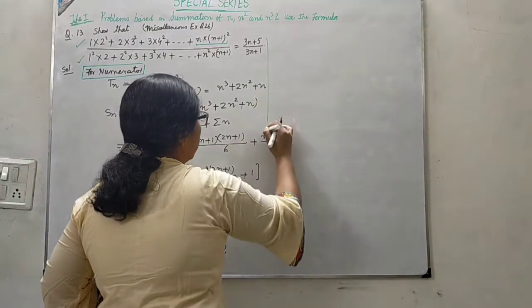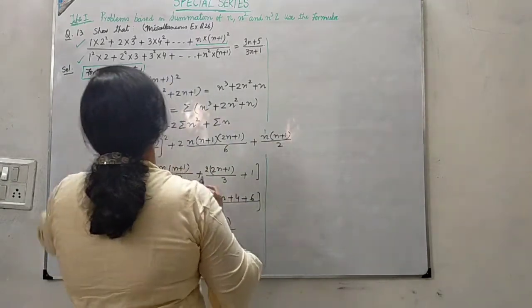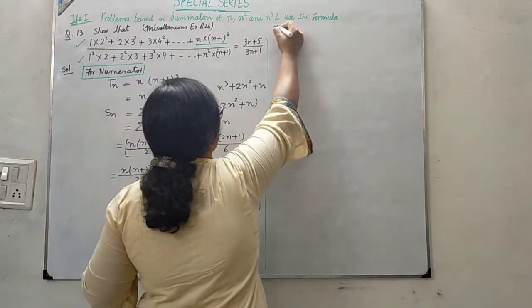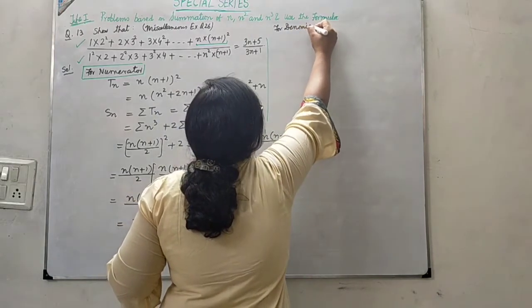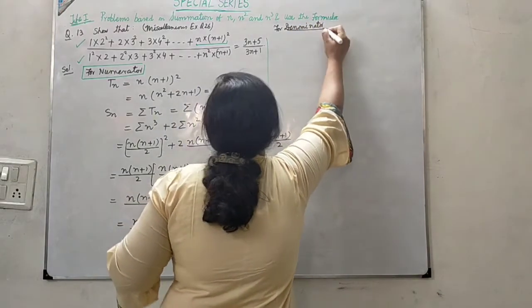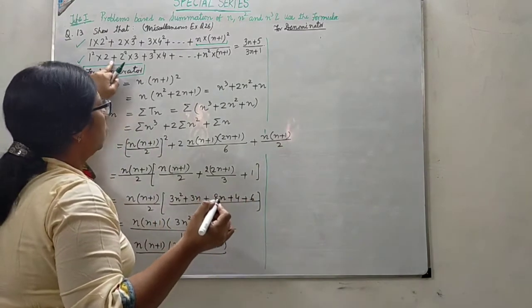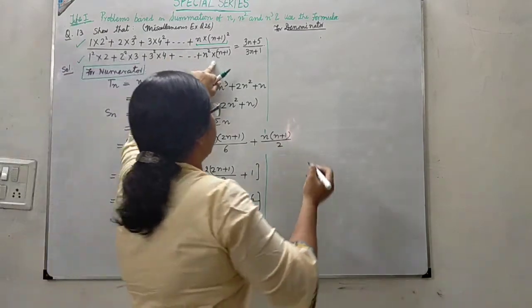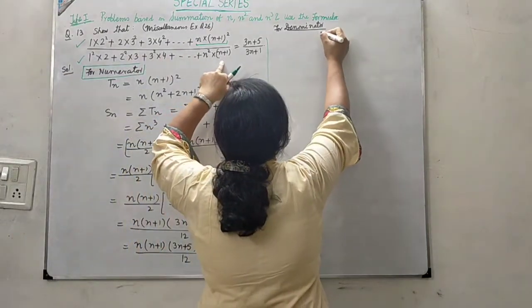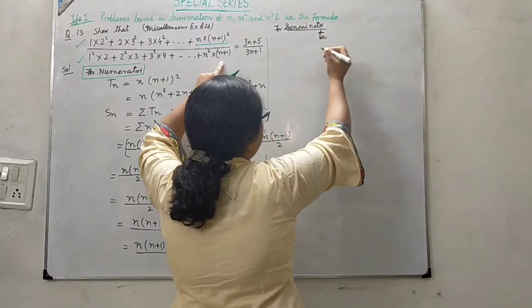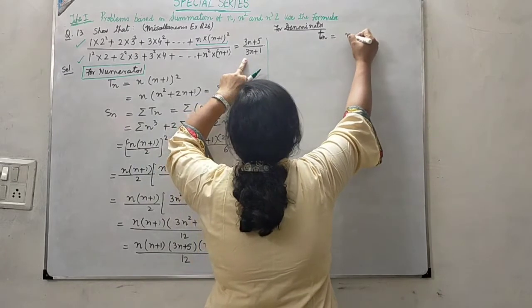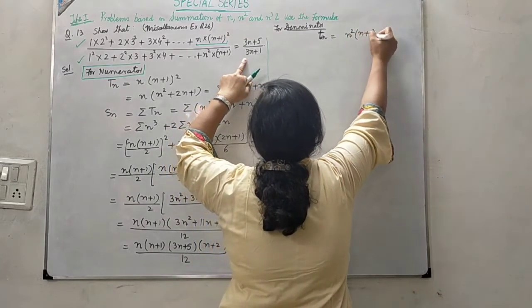Now let me take the second part of the question. For the denominator I will take 1 square into 2 plus 2 square into 3 up till n square into n plus 1. So for the general term, I take a different symbol. Let me take small tn or tn dash as n square into n plus 1.